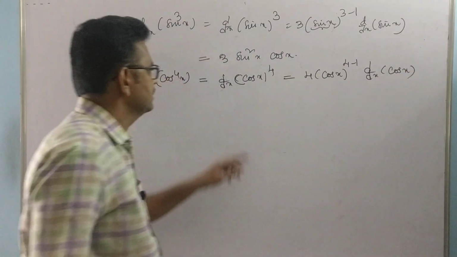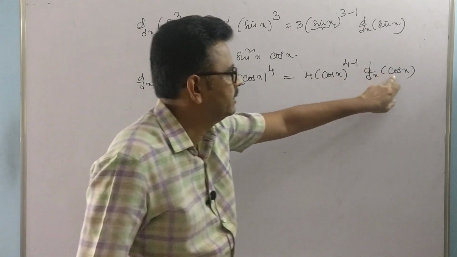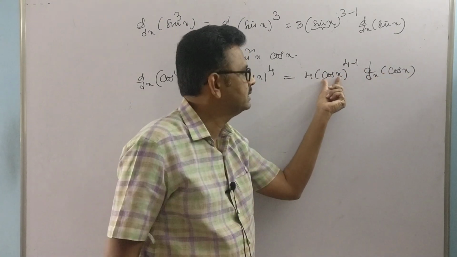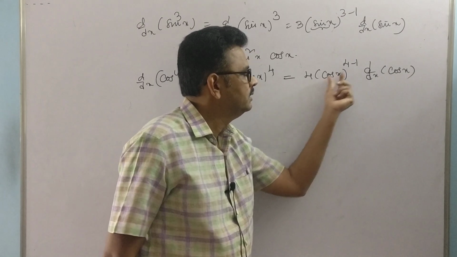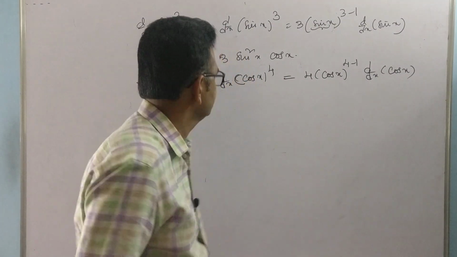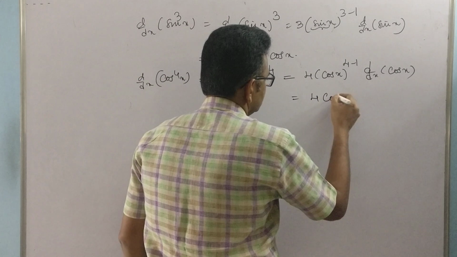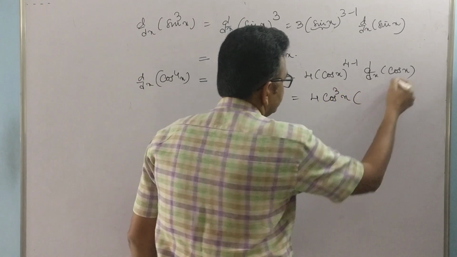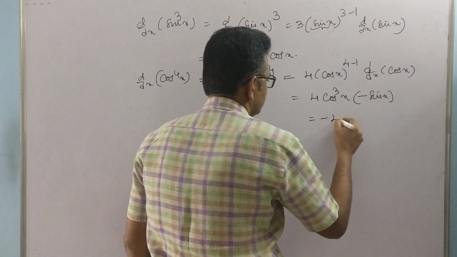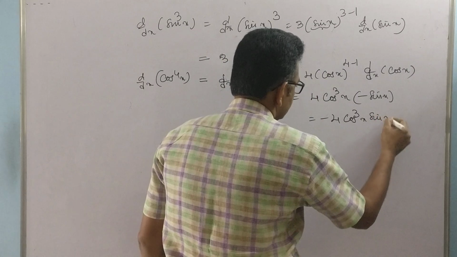So this is just like x to the power of n: n into x power n minus 1 into derivative of that part, that is cos x. So this is equal to 4 into cos cube x, and derivative of cos x is minus sin x, that is equal to minus 4 cos cube x into sin x.